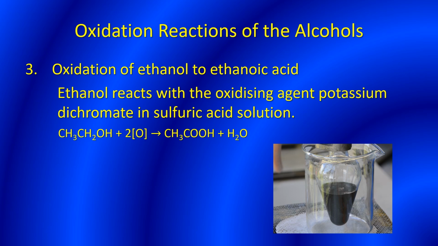This reaction requires the use of this chemical oxidizing agent, the potassium dichromate. It's a much faster reaction than the microbial oxidation, and note that colour change in the potassium dichromate of going from orange to green during the reaction. Sometimes you do get asked about that in the exams.